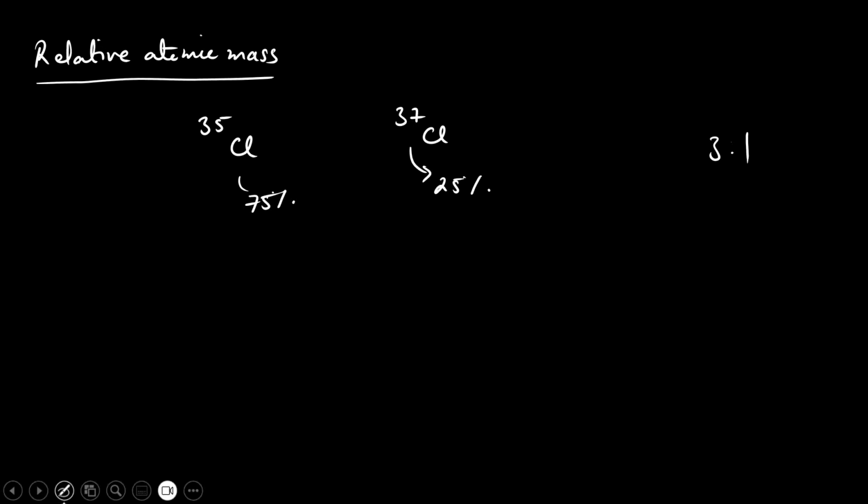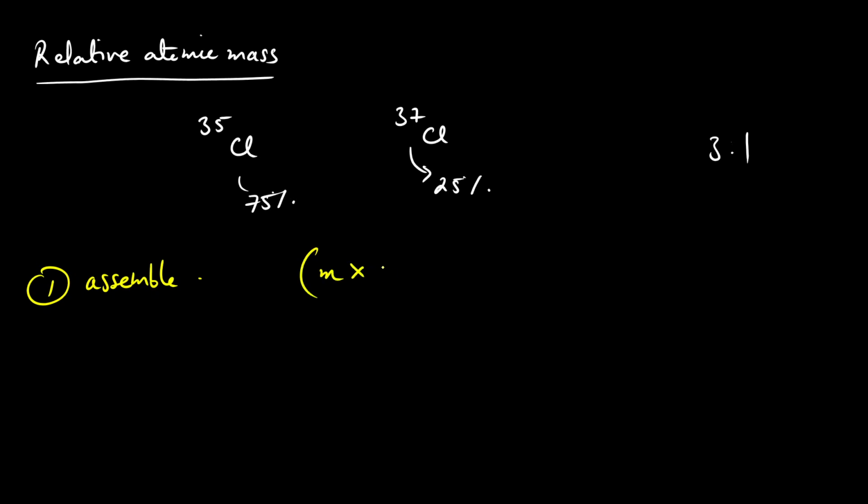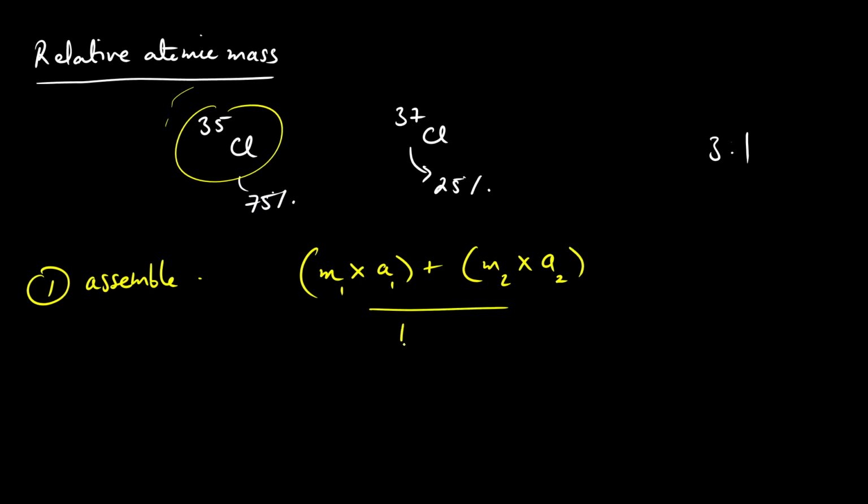Generally, it's straightforward. Step one is just to assemble brackets. You've got the mass times the abundance, plus, let's say, mass 1 and abundance 1 for this particular isotope, mass 2 and abundance 2 for this isotope, over the total abundance.